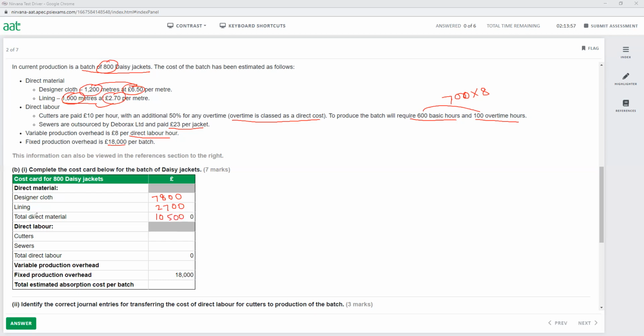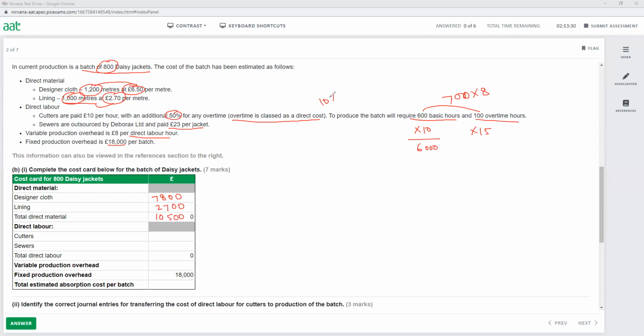The next one, we have a direct labor. So we have a cutter. The direct labor we have 600 hours times by 10. So 600 times 10 gives me 6,000. And 100 hours will be multiplied by 15. Why 15? Because it is 50% extra.